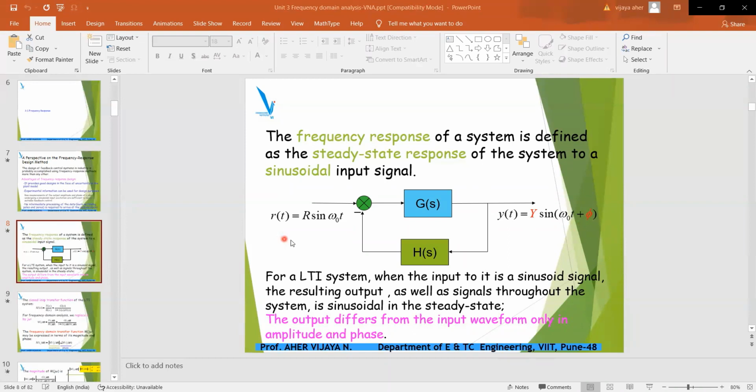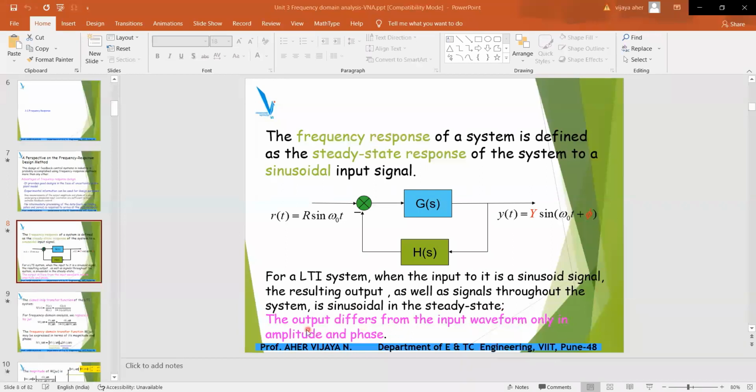So for an LTI system, what is an LTI system? Linear time invariant system. For an LTI system, when the input to the system is a sinusoidal signal, the resulting output, as well as the signals throughout the system, are sinusoidal in steady state.